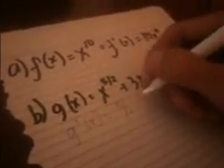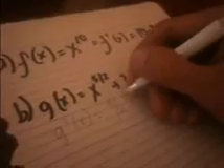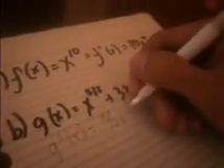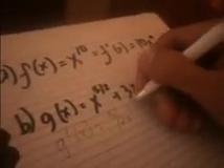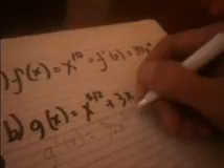Then you just copy the x, then 5 halves, and we subtract 1 from the exponent, so 5 halves minus 1. This is the new exponent. Plus, if you multiply by a constant, nothing really happens to the constant.